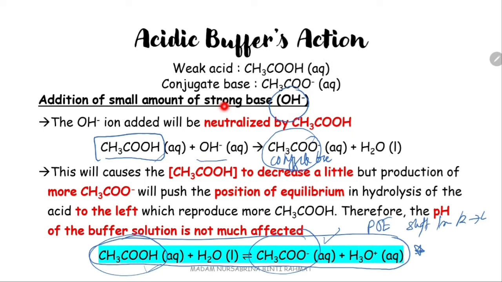So even though we initially use up our ethanoic acid to react with the hydroxide ion added, the conjugate base that we produce, since its concentration is increasing, pushes the equilibrium of this reversible reaction to the left, resulting in us reproducing our ethanoic acid. So there will be no change in the concentrations of ethanoic acid or ethanoate ion, resulting in no change in the pH of our buffer.